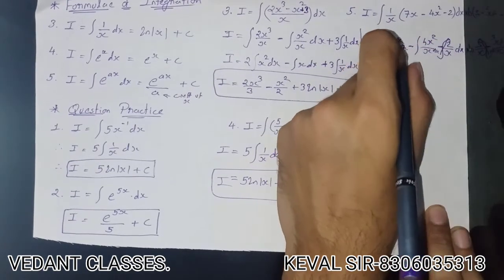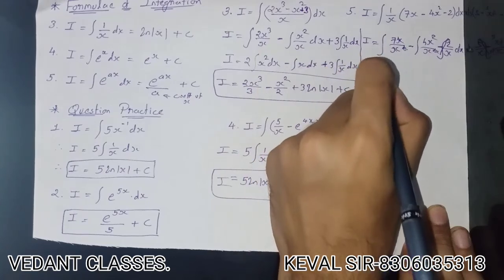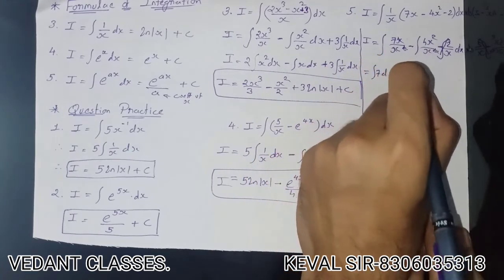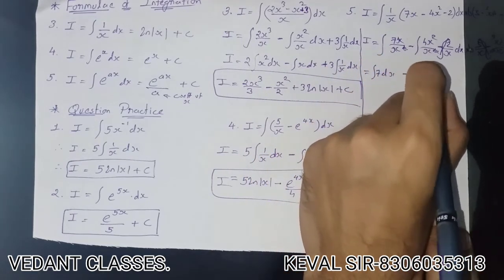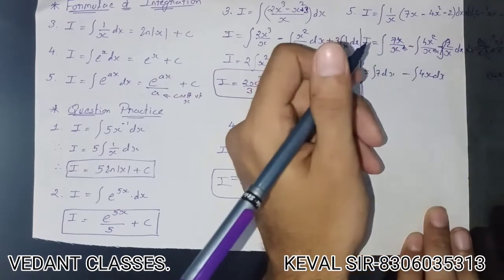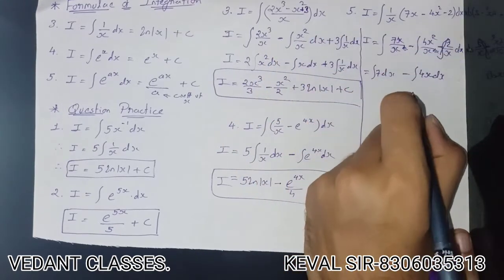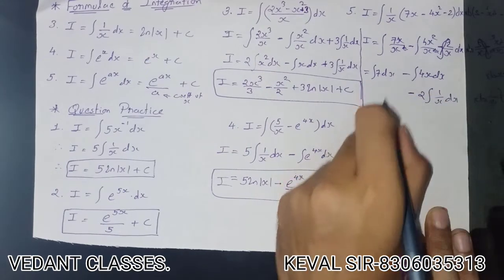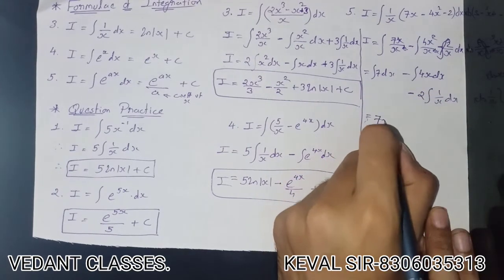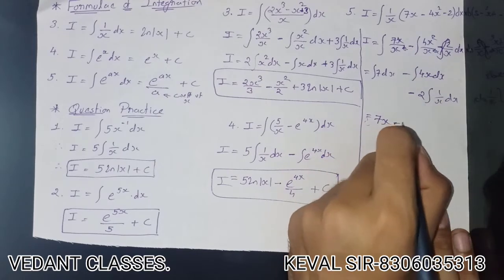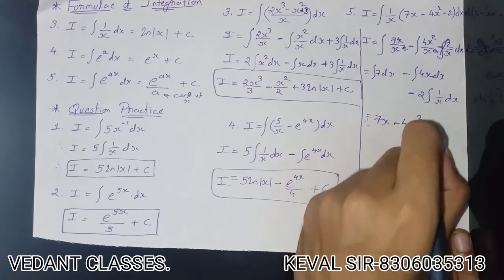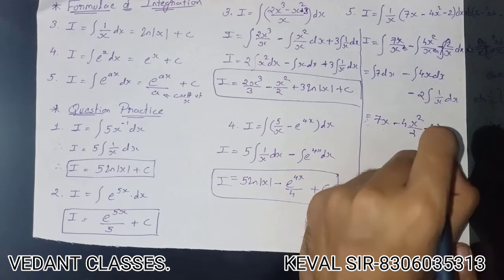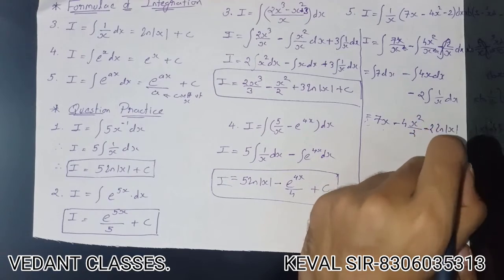So x will get cancelled out, so this will be integration of 7 dx minus integration of 4x dx, x square by x, so it will be x, and this will be minus 2 times integration of 1 by x dx. So here the answer will be 7x, here it will be minus 4x square by 2, and this will be minus 2 ln mod x plus c.